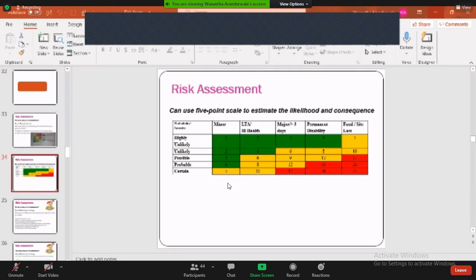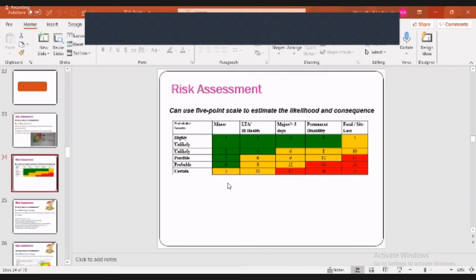Assume somebody slips and falls. What would be the consequence, or the severity?